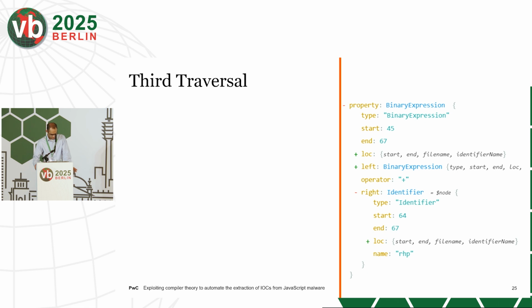So based on the representation on the right, what we're looking for is identifiers, as they represent the variable stored on the right. And we want to replace them by string literals containing the values.